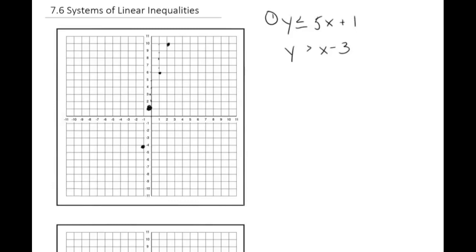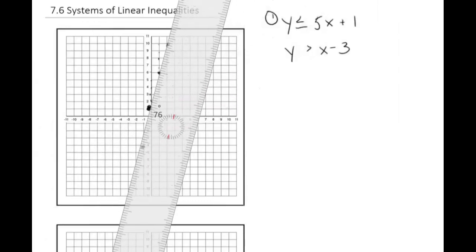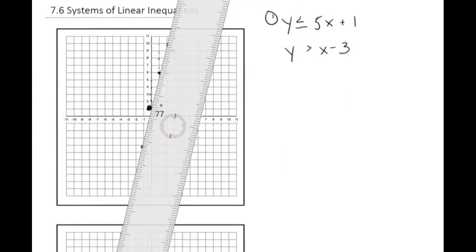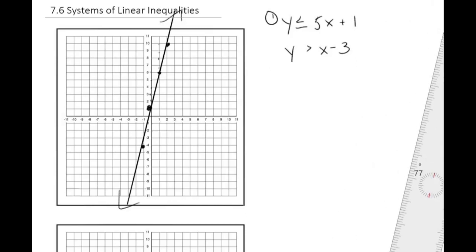All right, and now my first big question is, is this line going to be solid or dotted? Because of that equal to sign we learned yesterday, this should be a solid line. Now I want the values that are y less than. With these really steep ones, sometimes it's hard to tell, so before we shade, I want you to do the test point.